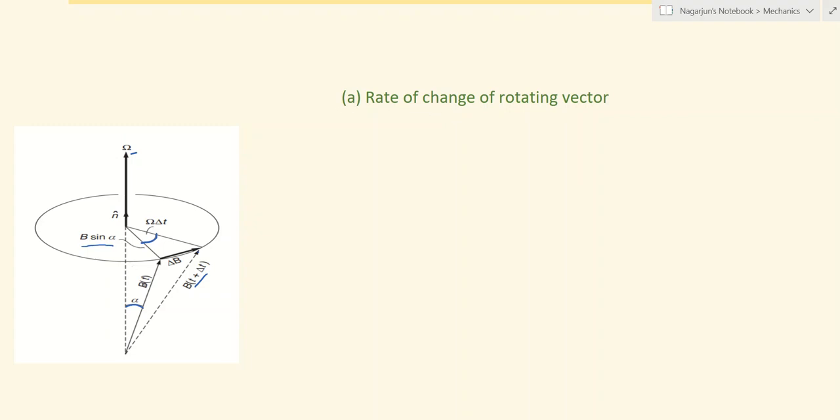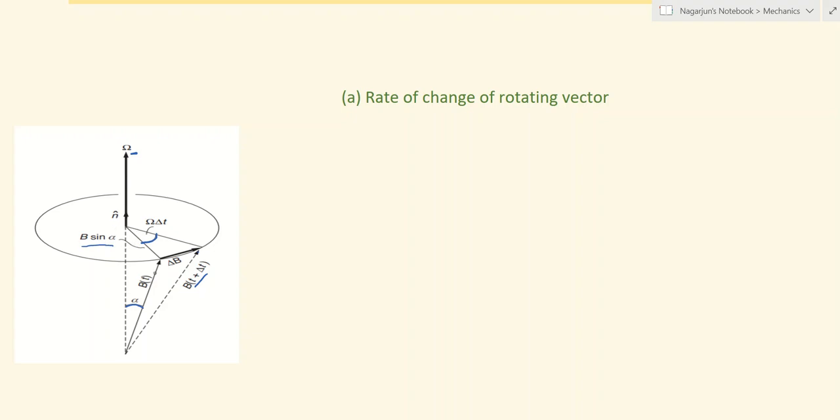Let us consider a vector b bar rotating about an axis as shown in this figure. Let omega be the constant angular velocity with which it is rotating.